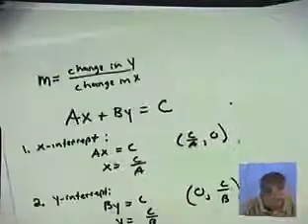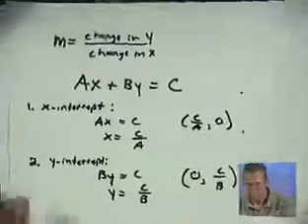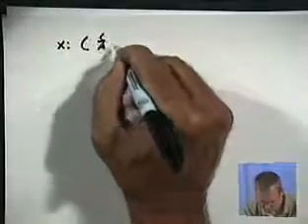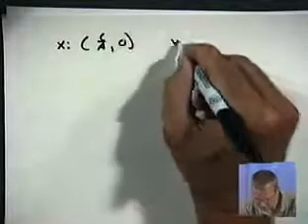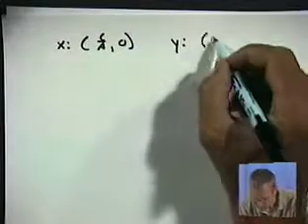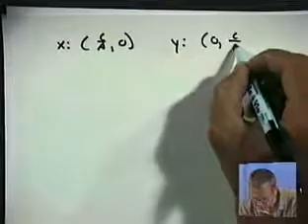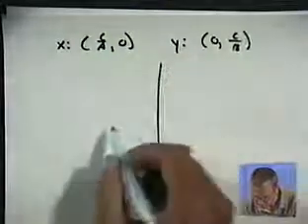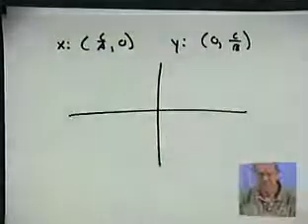So let me try to graph that. The x-intercept was c over a, comma 0, and the y-intercept was 0, c over b. Now, this is just an arbitrary line.